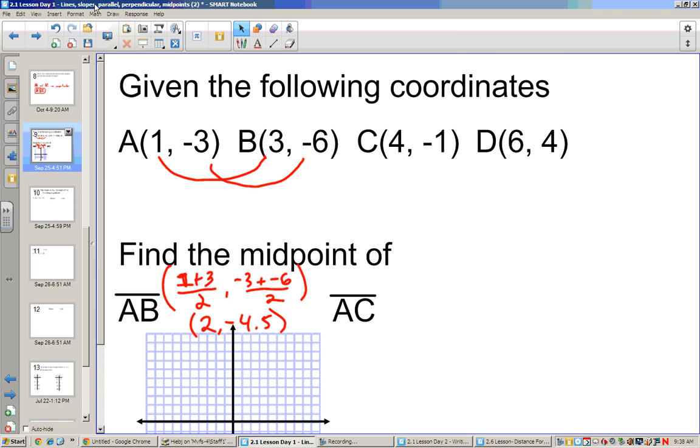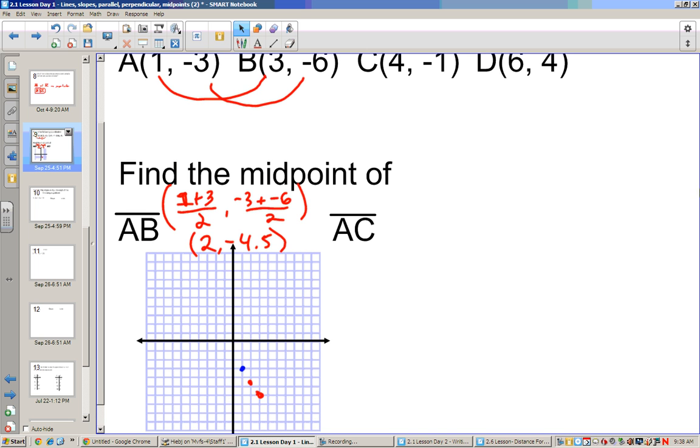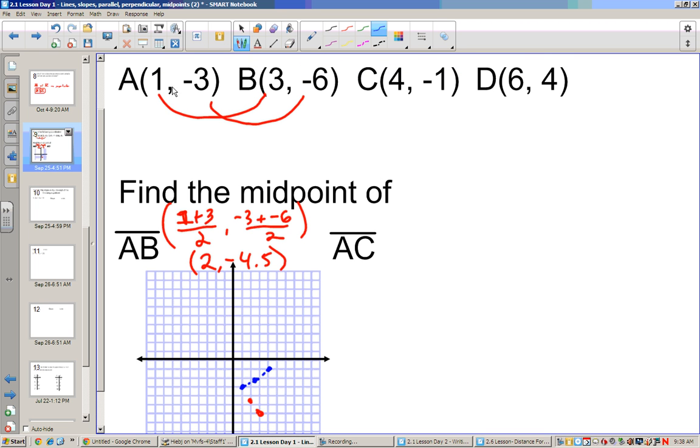All right, now for AC, let's put those points on. We have A on there. Now we just have to put C on there. C is 4, negative 1. So if I drew this line, right in the middle looks like it's about there. So if I do the same method, maybe I'll erase this other stuff just so it doesn't get so confusing with too many lines.